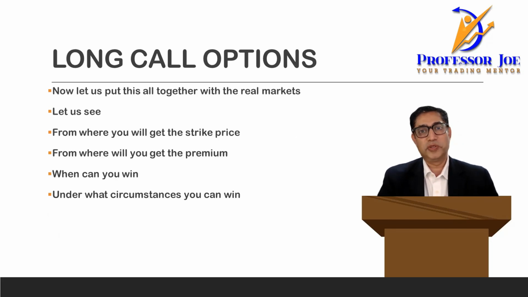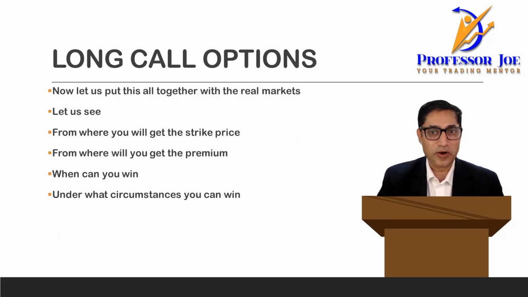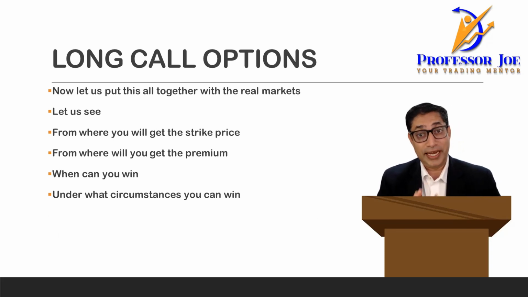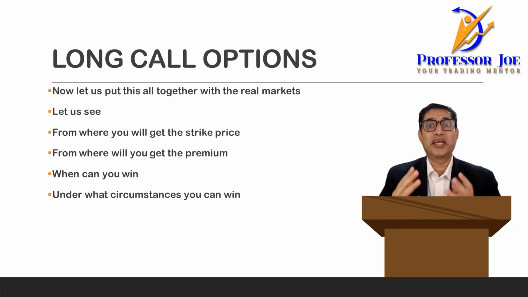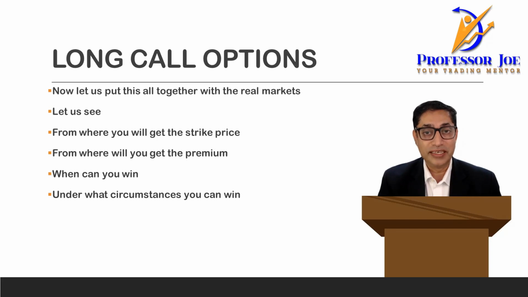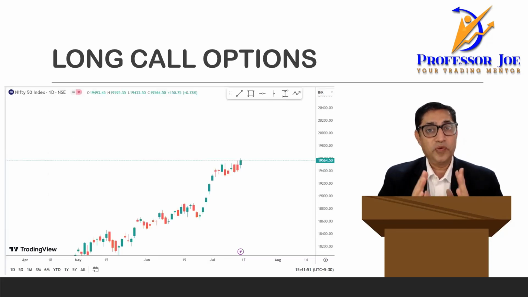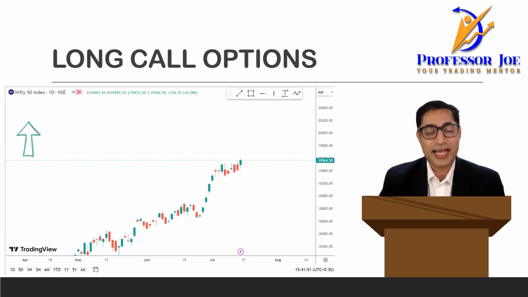So we have understood terms like long call option, premium, ATM, ITM, OTM, and expiry date. Now let us try and put all these things together. And remember, we are putting it all together for somebody who wants to trade in long call option. Now, when you want to trade, the first thing is you have to look at the underlying asset.